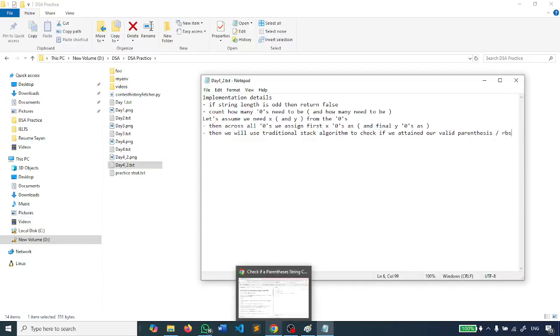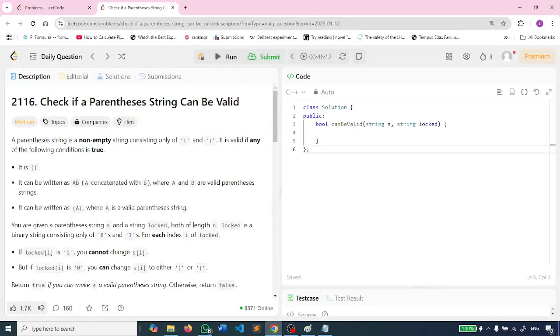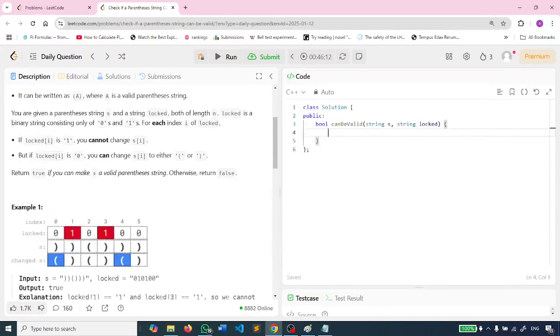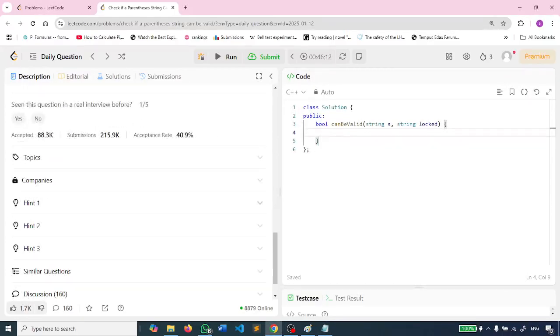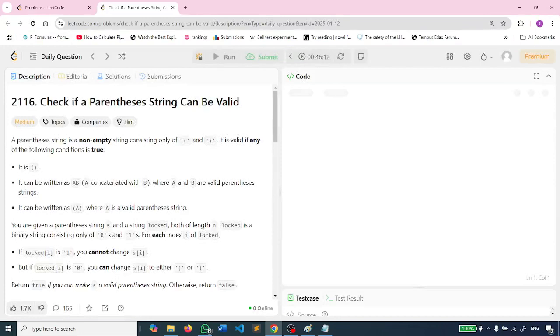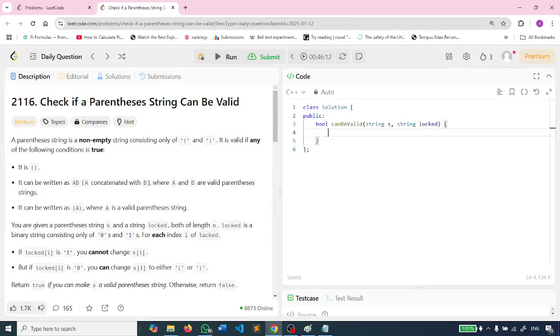Okay, let's now go code this thing and we will strictly follow the implementation details as I've written them now. So first step is s.length.